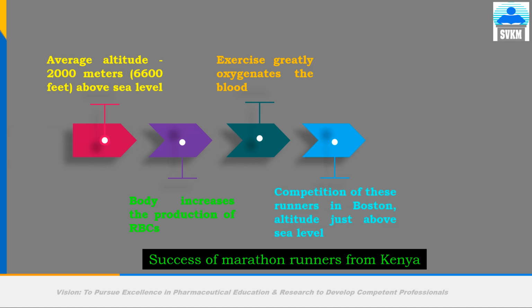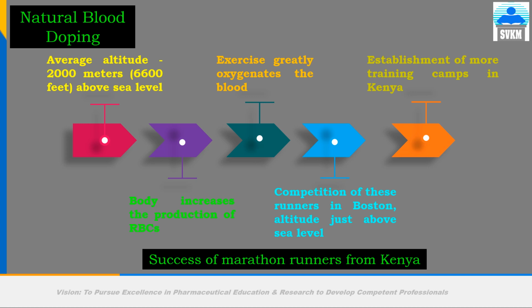When these runners compete in Boston, for example, at an altitude just above sea level, their bodies contain more erythrocytes than do the bodies of the competitors who train in Boston. Therefore, a number of training camps have been established in Kenya and now attract endurance athletes from all over the world. Altitude training greatly improves fitness, endurance and performance, and this is called natural blood doping. This is a good example of natural blood doping.